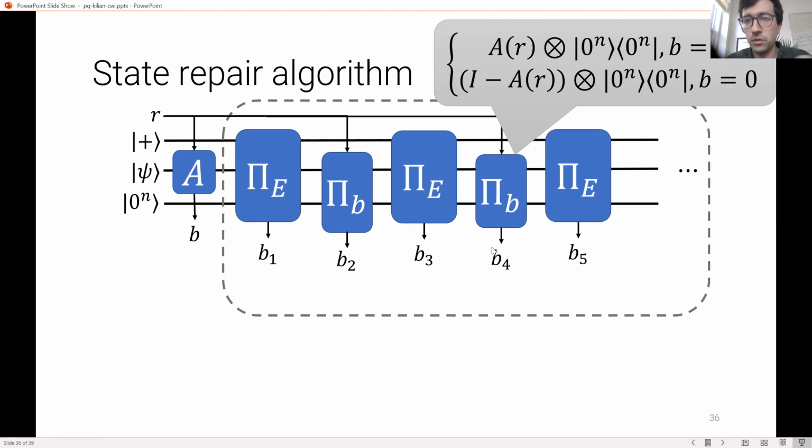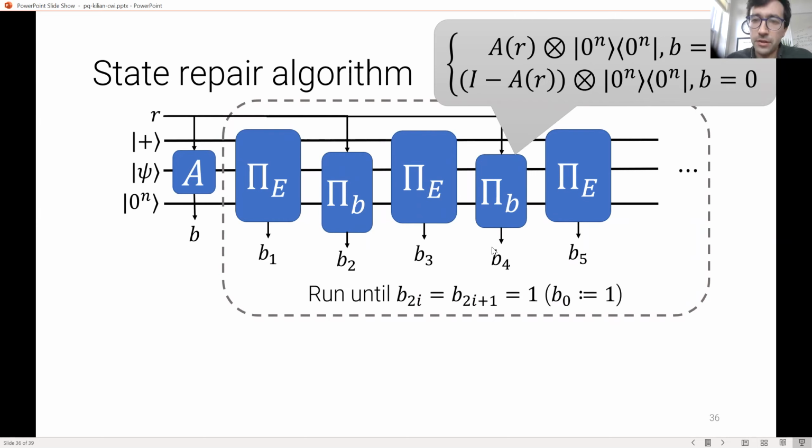So this is a 1-bit measurement that is the AND of these two conditions. And if b is equal to 0, then you're still projecting the ancilla register onto 0, but you apply I minus A of r to the psi register. So you flip the sign of the A projection, and you take the AND of these.